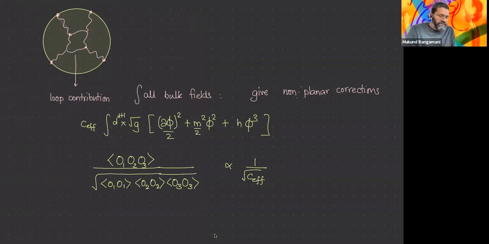But on top of the disconnected piece, there is a leading connected piece. Maybe the right way to say it is that what one wants to do is analyze in all cases the leading 1 over n correction that can be computed from supergravity. On top of this, you're of course right that there are loop corrections, higher order terms which come from bulk loops.